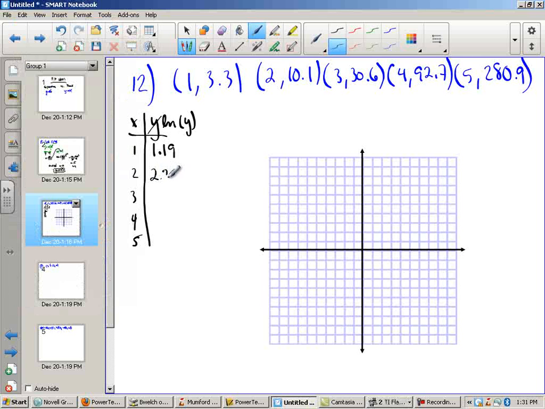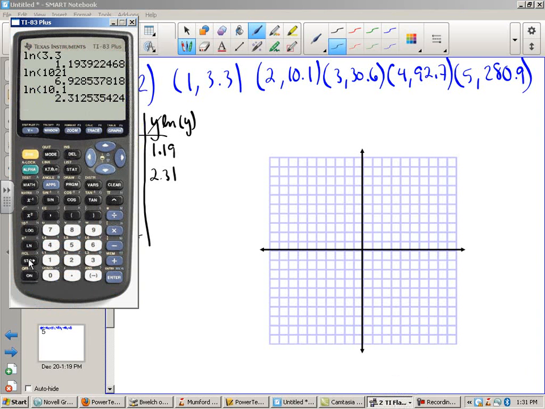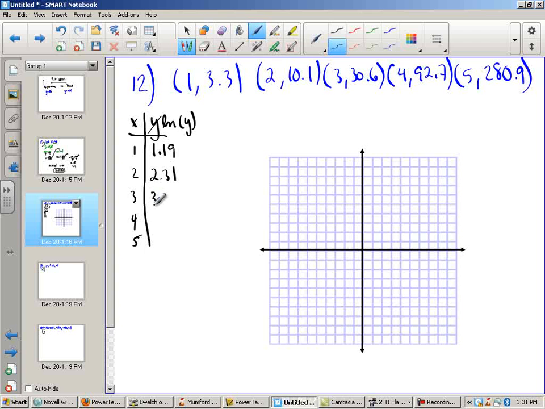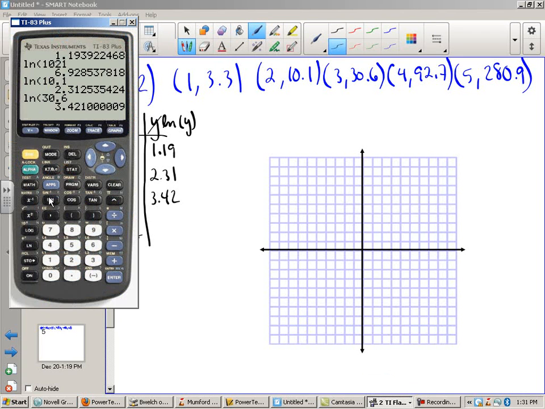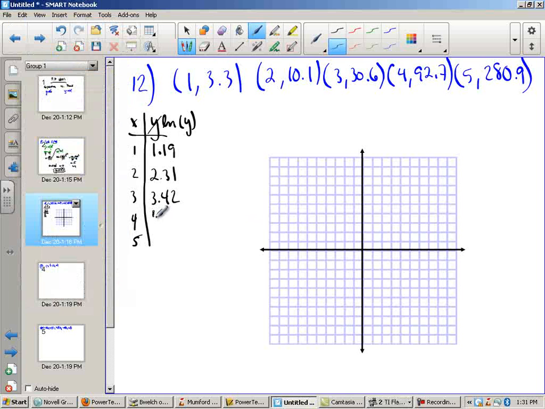And I get 2.31. I'm going to go ahead and do it again. The ln of 30.6 is 3.42. And then the ln of 92.7 is 4.53.